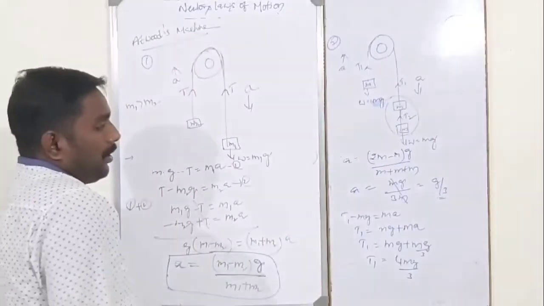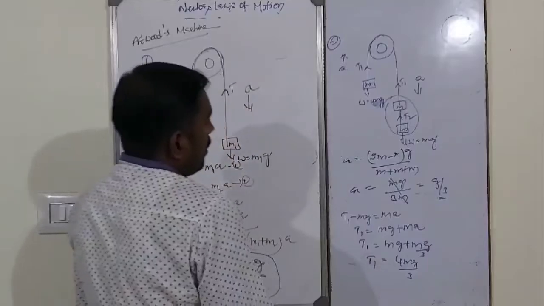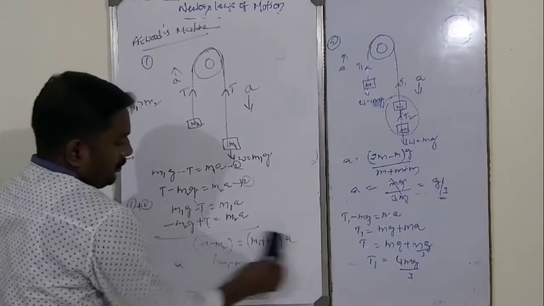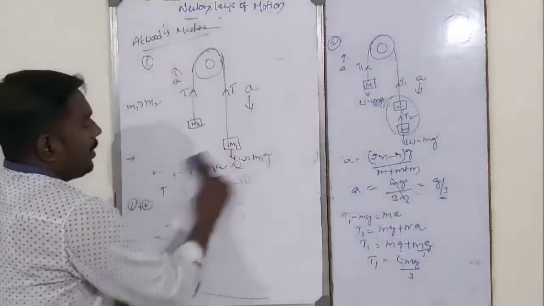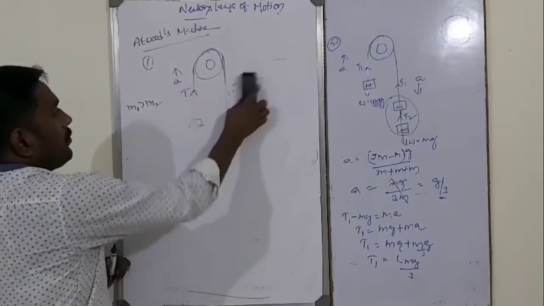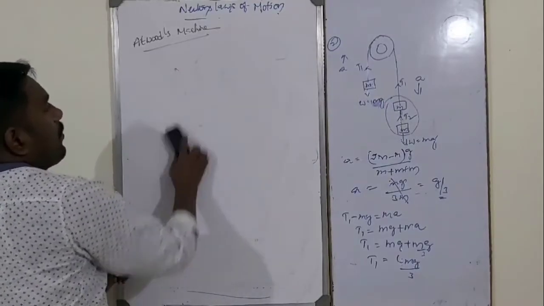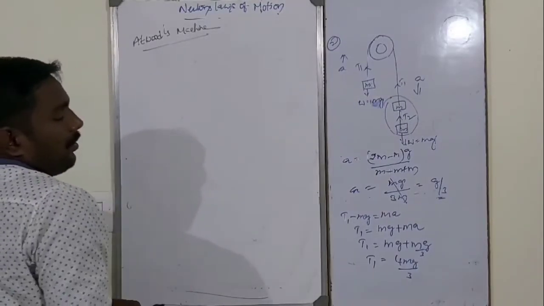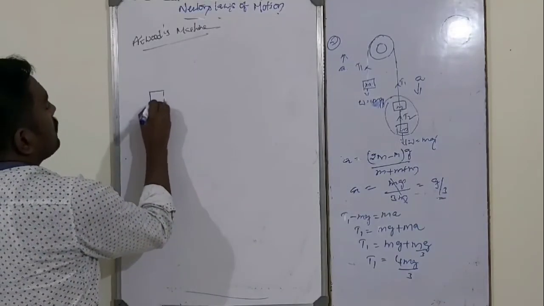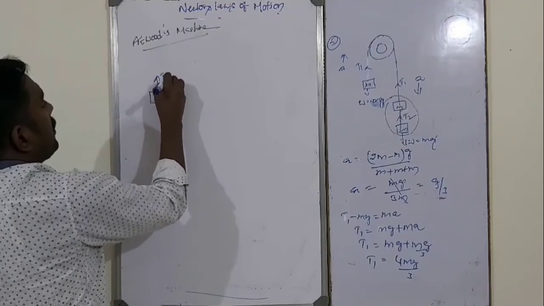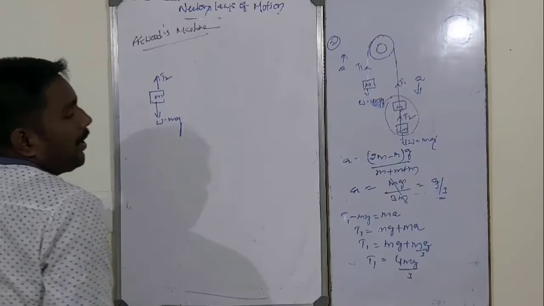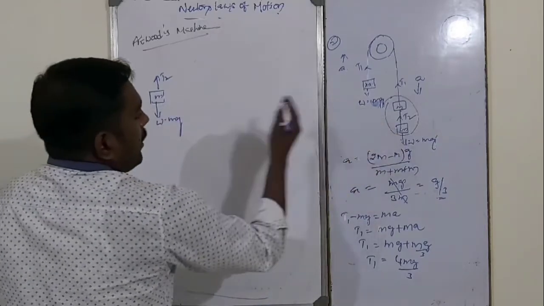Simple method. So what is T2? I will take a free body diagram for mass m. This is the mass, this is the tension T2, this is the weight W is equal to mg. Now in this case the weight is higher.